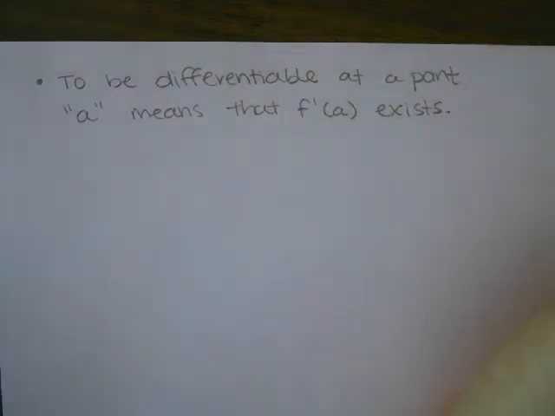So if I can find the derivative at A, that means that the derivative at A has to exist. This is your duh statement. Okay? Like, duh, if I can find the derivative, clearly it exists. Does that make sense? That's what that's saying. So you know that you're differentiable at a point if that derivative exists at that point.